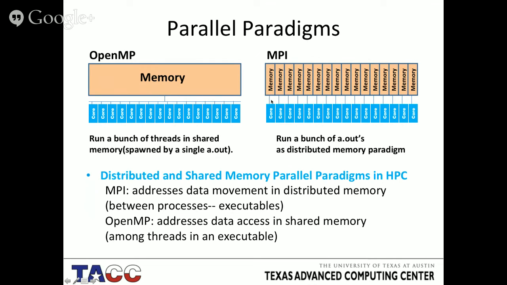It's important to understand that underneath the covers, all that's being done in MPI is that a.out is instantiated as processes on the node.